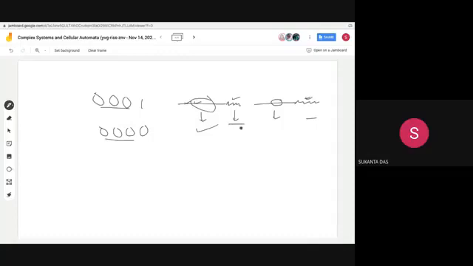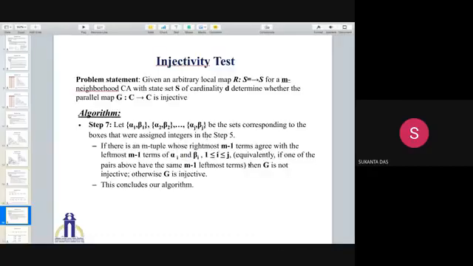For the previous part, you have already shown that they are the same. Then it implies you will have two configurations which are mapped to the same one, right? So that is saying here: therefore, G is not injective.